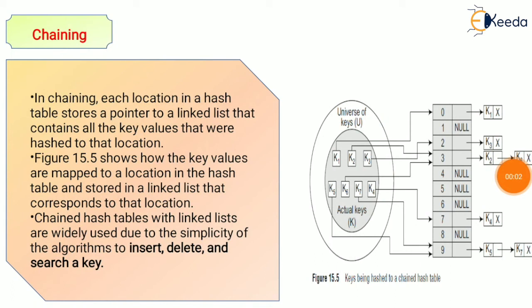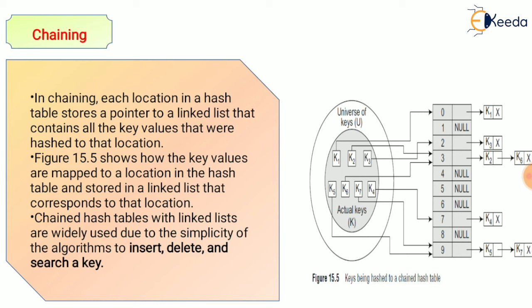Next collision handling technique in hashing is chaining. Now what is chaining? In chaining, each location in the hash table stores a pointer to a linked list that contains all the key values that were hashed to that location.